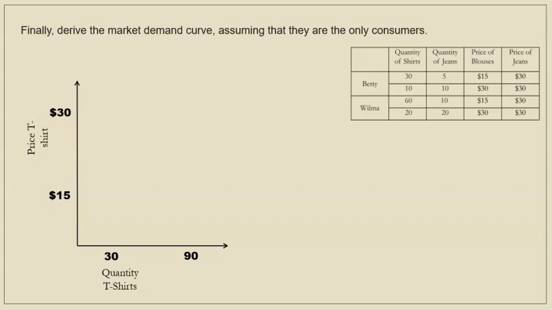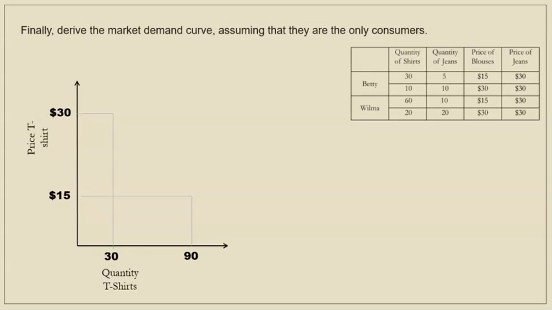So at the price point of $15, we would be buying 90 t-shirts. And then again, we do this for $30, and Betty can have 10 and Wilma 20. So that gives us a total of 30 t-shirts being able to be bought.